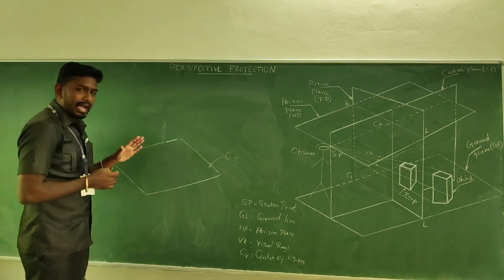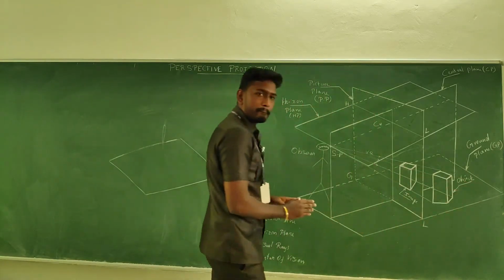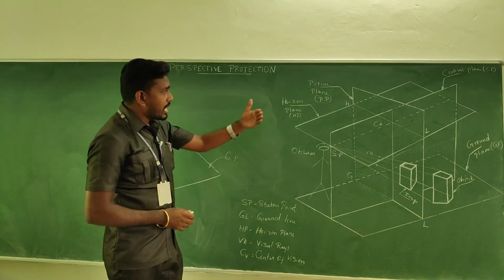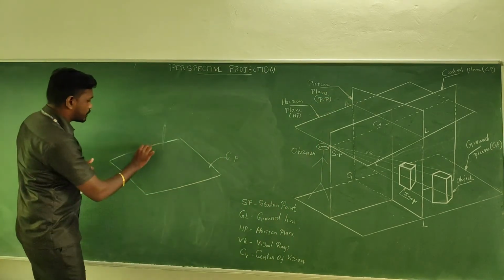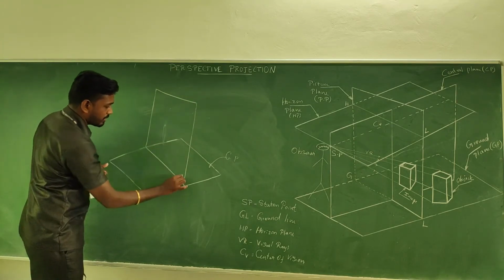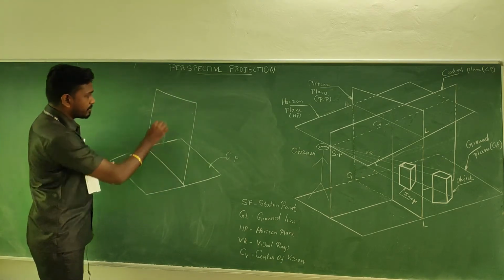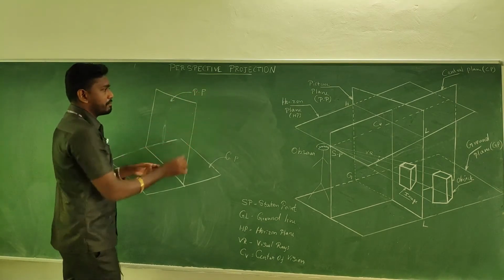Then a vertical plane is there. Here is the ground plane, and the vertical plane, which we call the picture plane, is kept perpendicular to the ground plane. We call this the picture plane, PP.